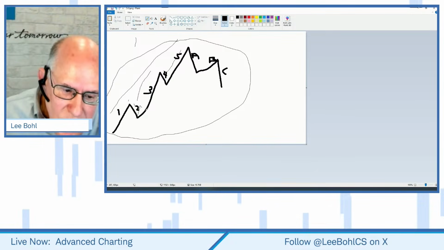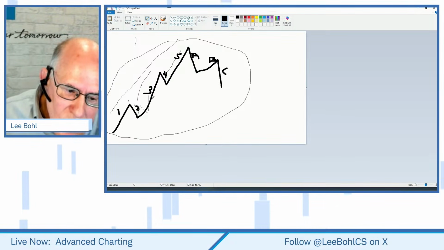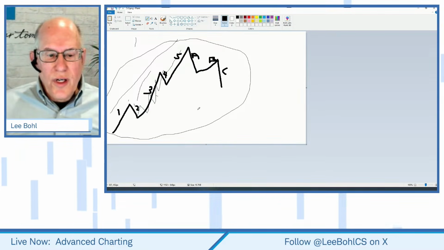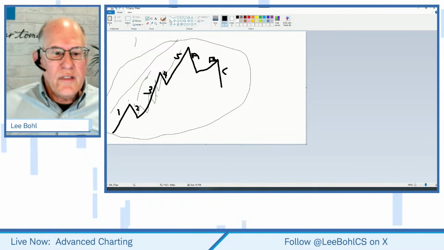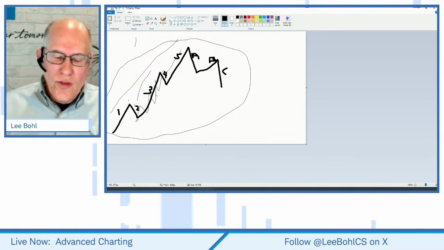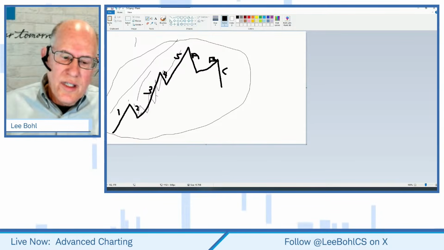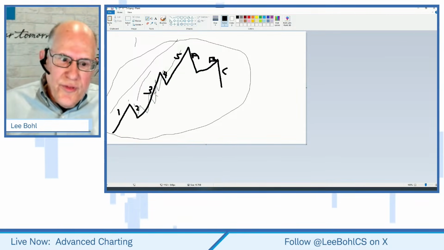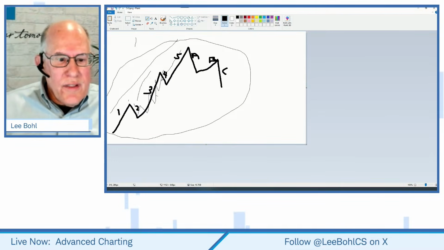And that would be like this: 1, 2, 3, 4, 5. All right. This would be considered a wave of the next degree lower. Okay. So you can subdivide things in different waves, and there can be different degrees of waves.